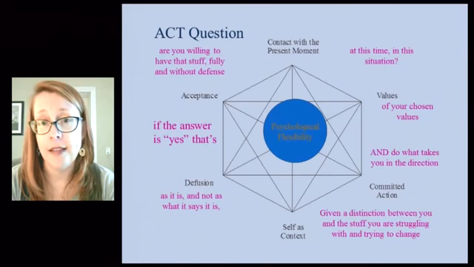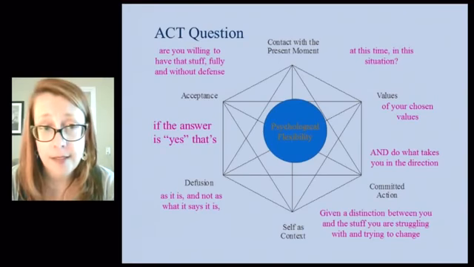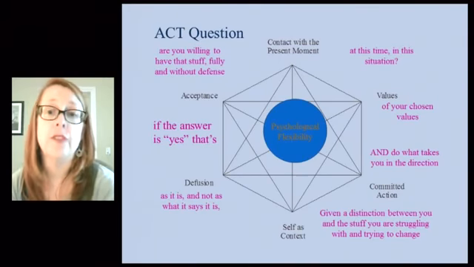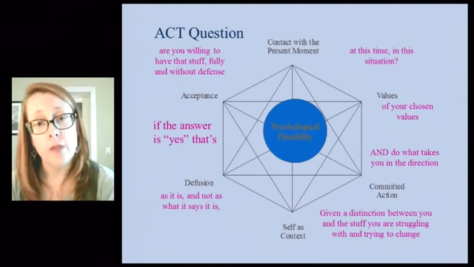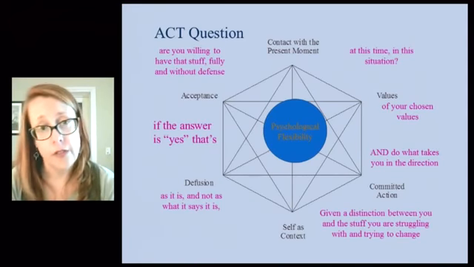As it is, not as it says it is. Now to contact with the present moment. At this time, in this situation, we'll go to values and committed action and do what takes you in the direction of your chosen values right now. If the answer is yes, if you are able to say yes to that and mean it, what you have is what we call psychological flexibility.